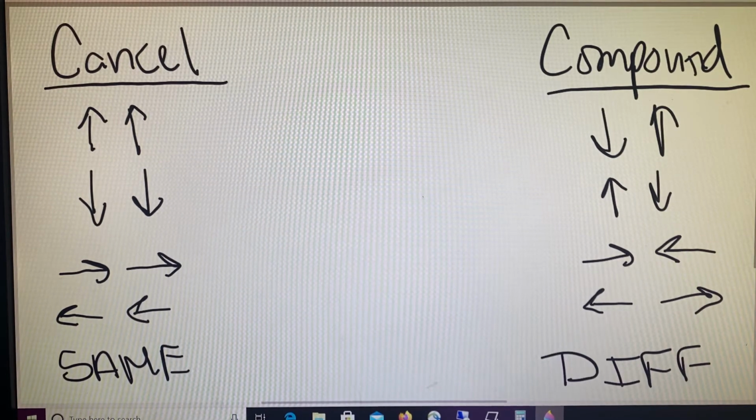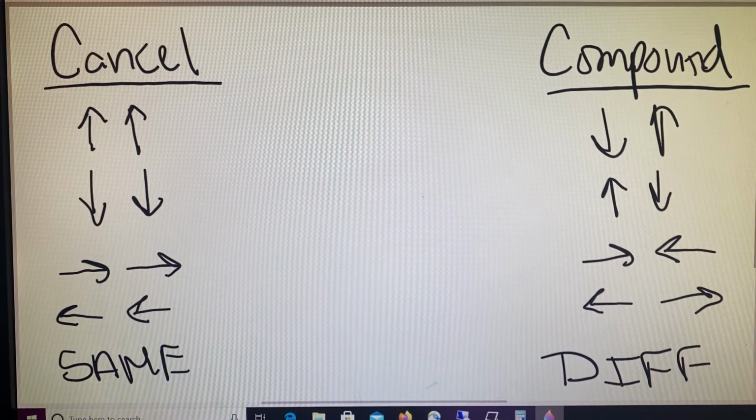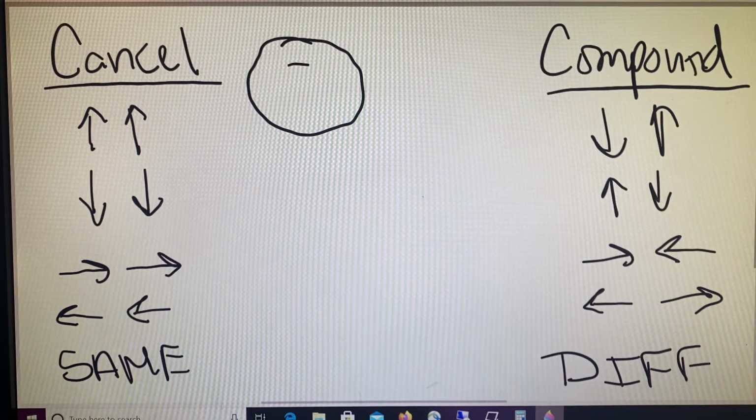Now we would see in a canceling situation, let's say that we looked inside of the lensometer. So we're looking at our reticles, and of course, we've got our reticle rings.